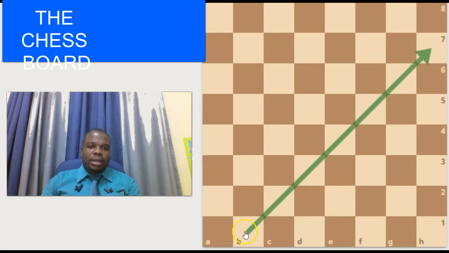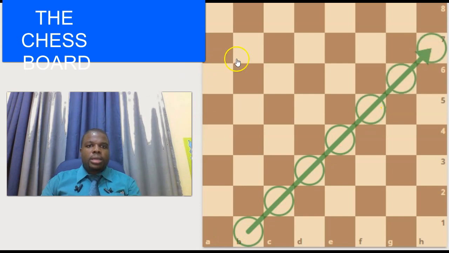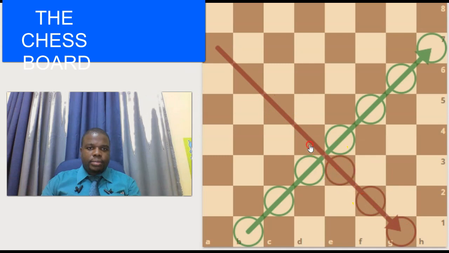Light diagonal, dark diagonal. Alright, now remember they must be of the same color. Very, very important.